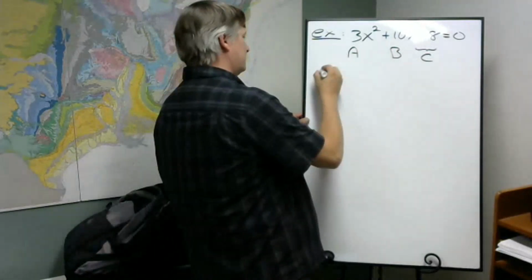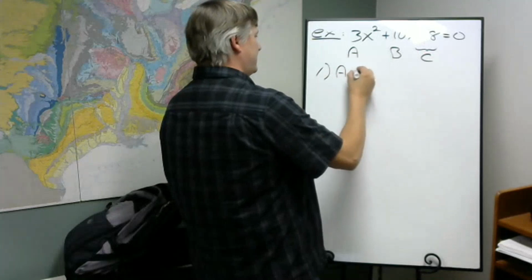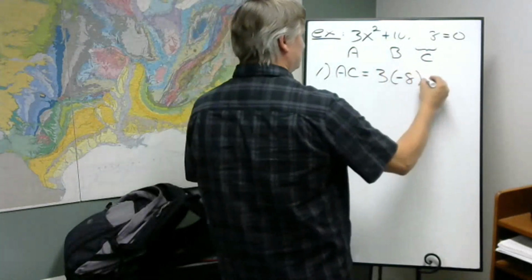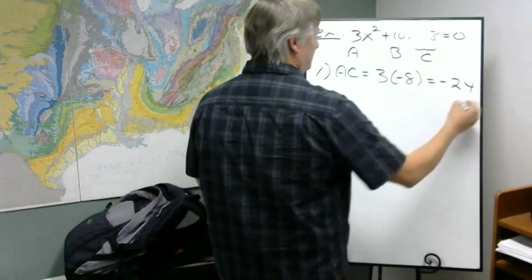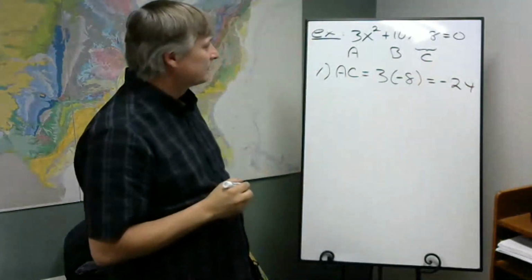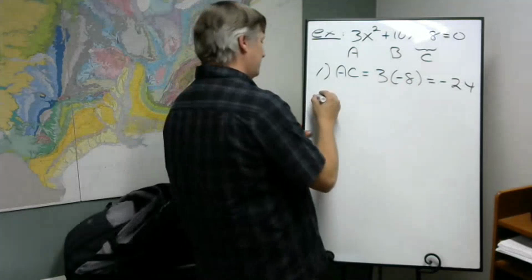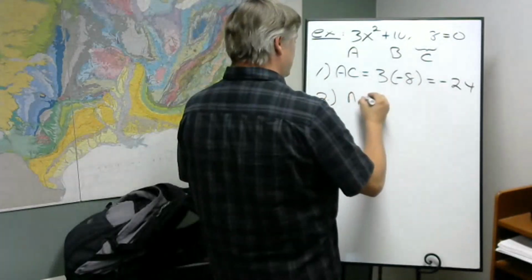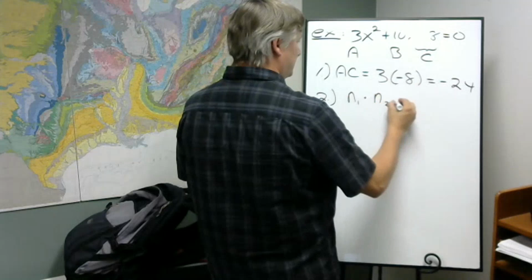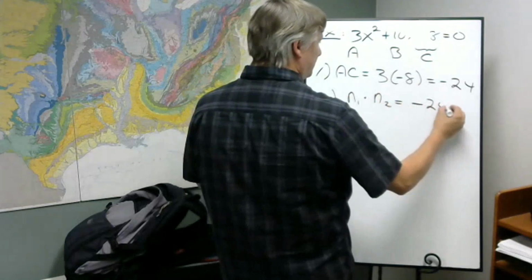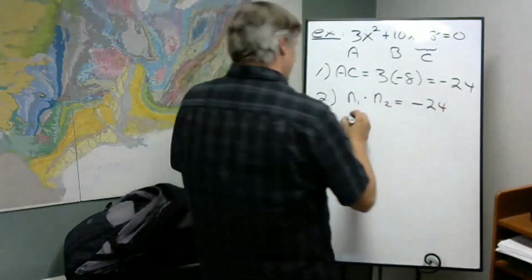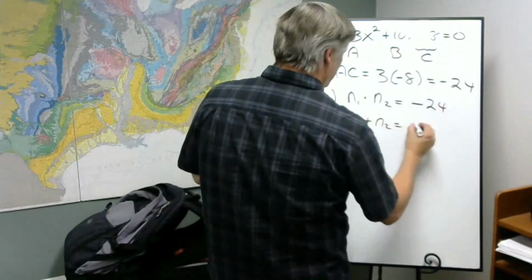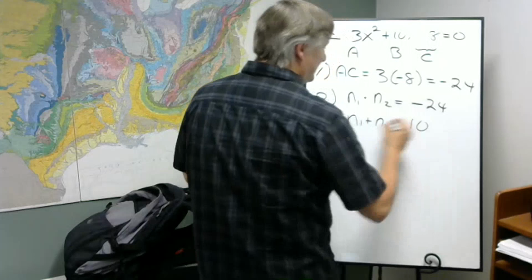So first off, A times C will be 3 times negative 8. We get negative 24. Now, we need 2 numbers, n1 times n2, that equals negative 24, and the sum of these numbers will be positive 10.